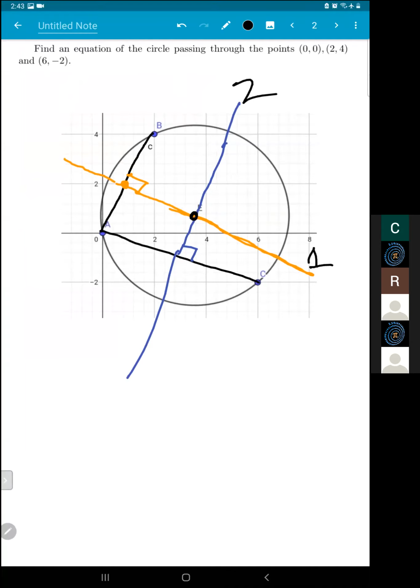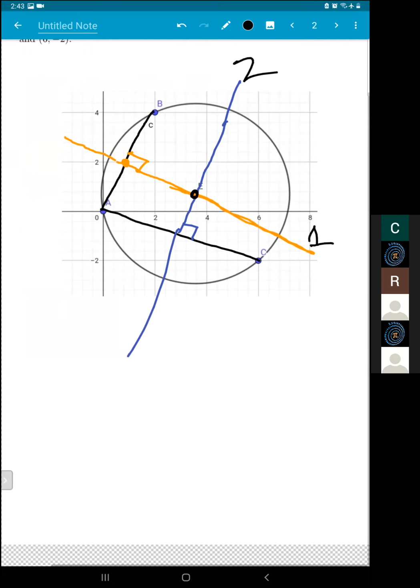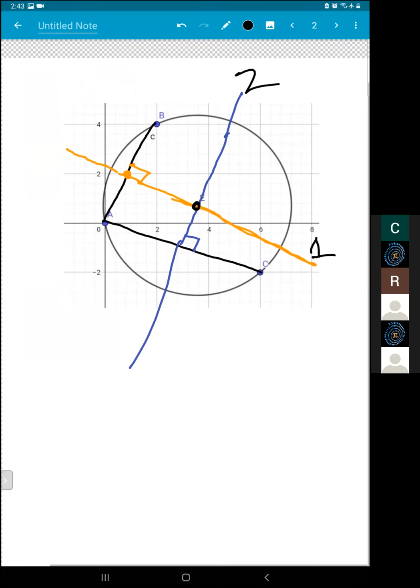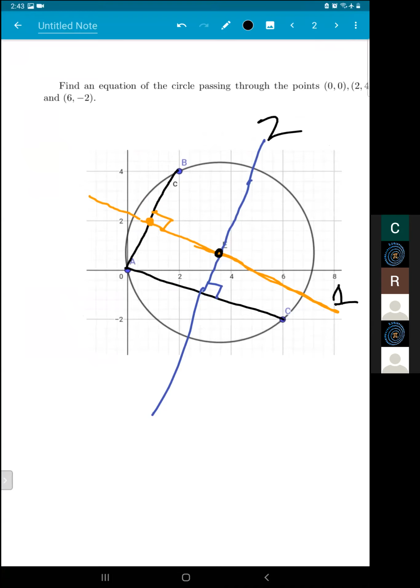Okay. So let's get first the equation of the orange line. So A has coordinates 0, 0. B has coordinates 2, 4.